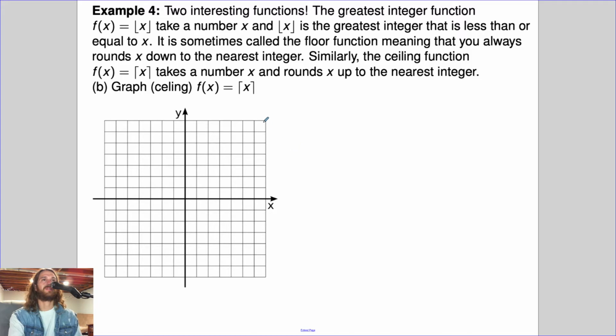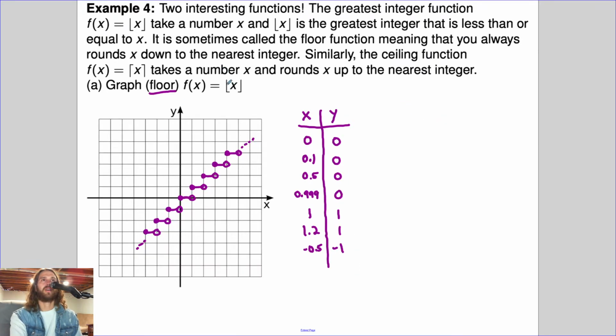Okay, here we have the ceiling function, which is very similar. y is equal to the ceiling of x. Just so you know, the floor has the little lines on the bottom, round down. And when I say round, I don't mean the round you're used to.